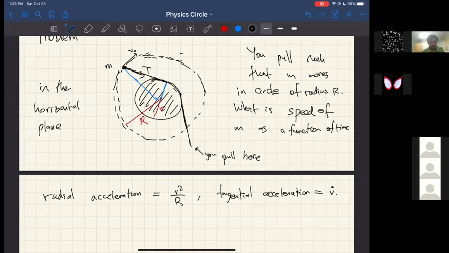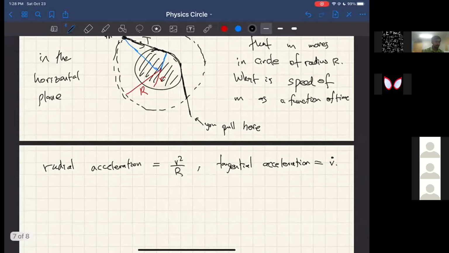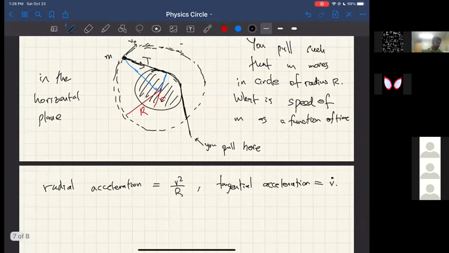Yes, exactly. People have given the answer. Somebody said mv squared over r. That is correct, but that's what we're going to set it equal to using Newton's second law. So what is the force coming from the tension? If I define theta equals sine inverse of little r over big R, then theta is this angle right here.